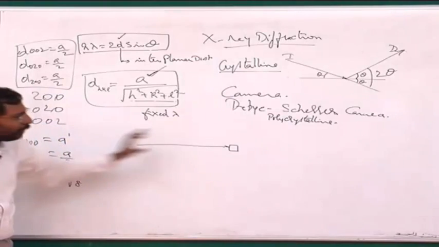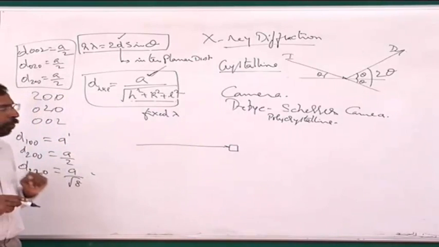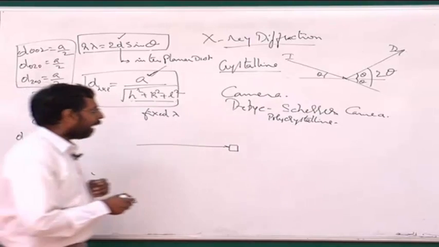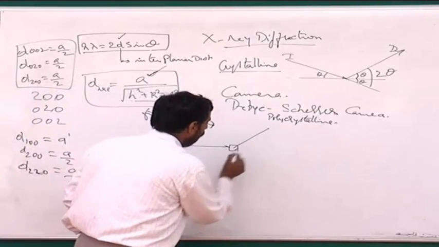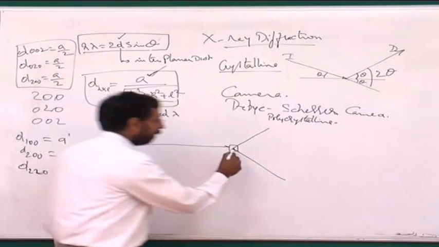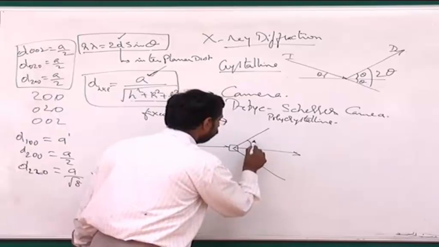Now if it is falling onto my sample, what I see is again a diffraction that is happening, and this diffraction is happening like this. And this is the transmitted beam, and this is 2 theta.